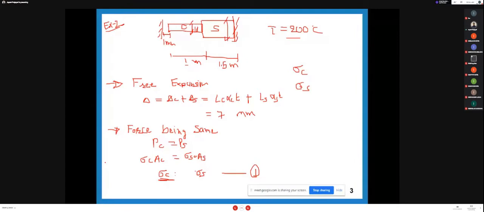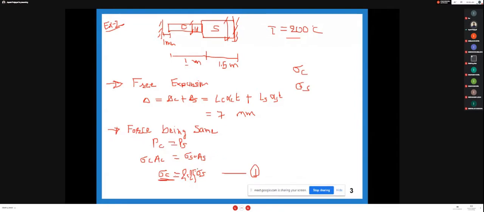Something is wrong. You can see area of steel divided by area of copper: pi by 4 15 square divided by pi by 4 10 square. It's 2.25. Yes, 2.25 is the correct one. So this will be your first equation: stress in copper is equal to 2.25 times stress in steel.